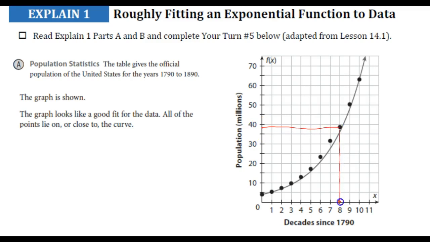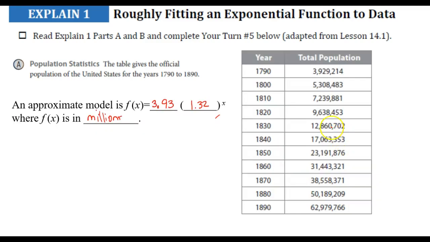I'll look at our table of values to see exactly what that value would be for the 8th decade. Looking back, that would be 0 decades, 10, 20, 30, 40, 50, 60, 70, 80, which is 8 decades, which would be about 38.5 million.